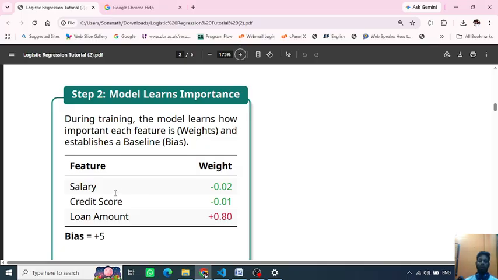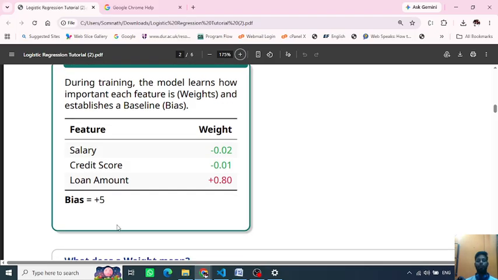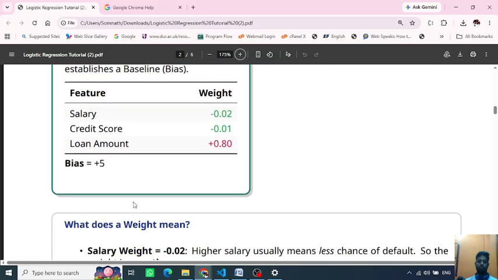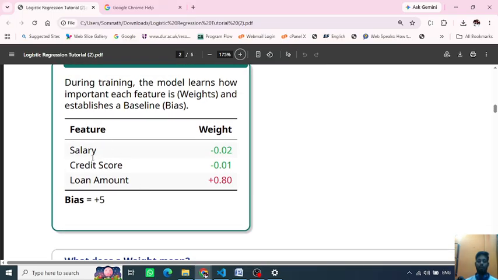Let's assume the feature weights like this: for salary minus 0.02, credit score minus 0.01, and loan amount plus 0.80, and assume the bias is also 5, a positive value. Assuming the model learned these values during training.